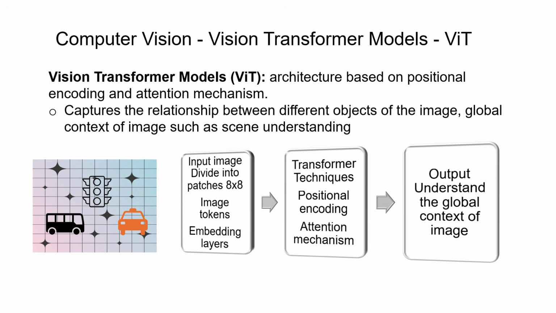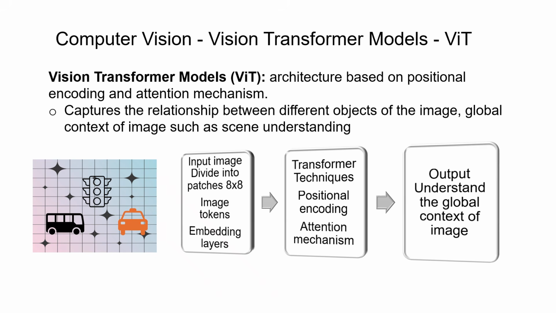Pass these patches through embedding layers, add positional encoding so that each patch embedding understands the position of each patch in the original image. Without positional encoding, the self-attention mechanism treats each patch as independent of others, resulting in a loss of structural information.